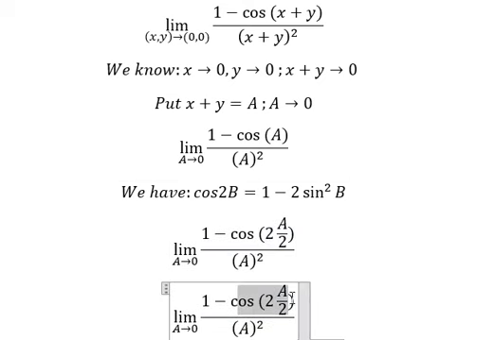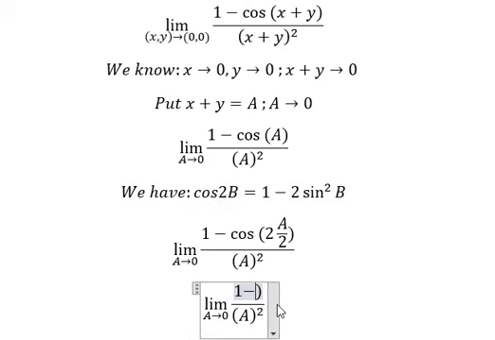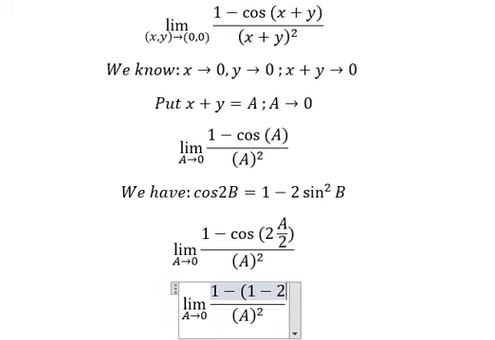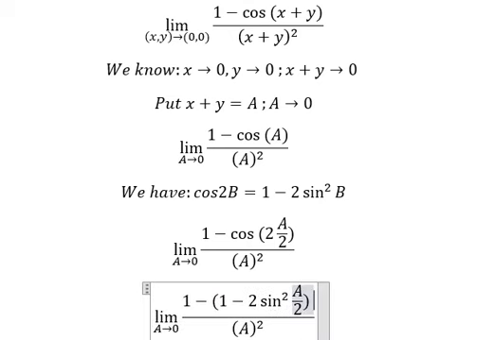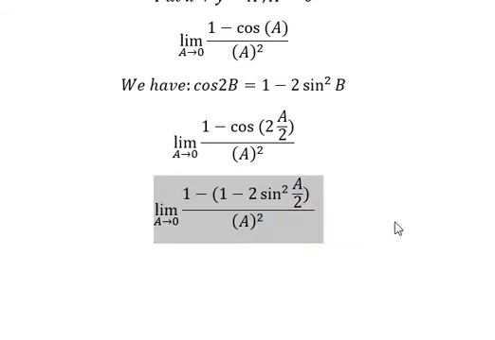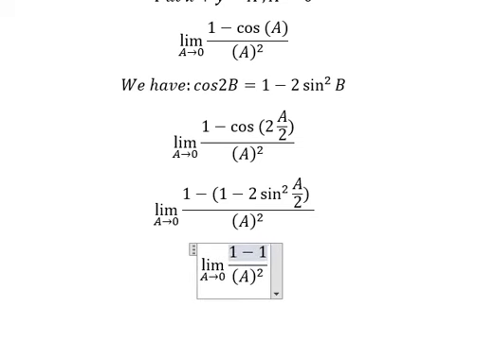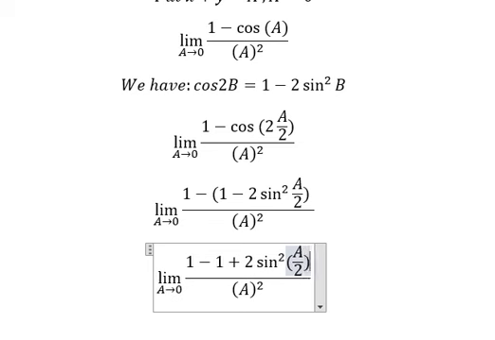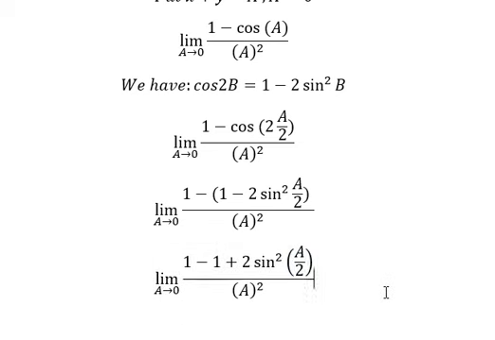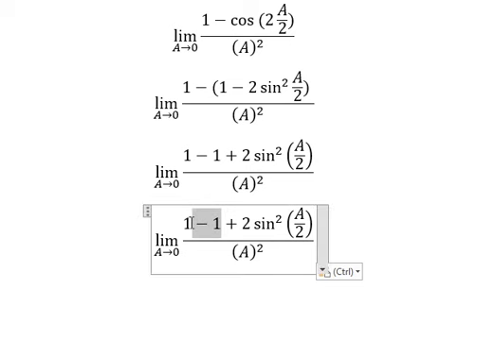So we apply this formula in here, and this one should be 1 minus 2 sine A over 2 squared. We open the parentheses. One minus one, they cancel.